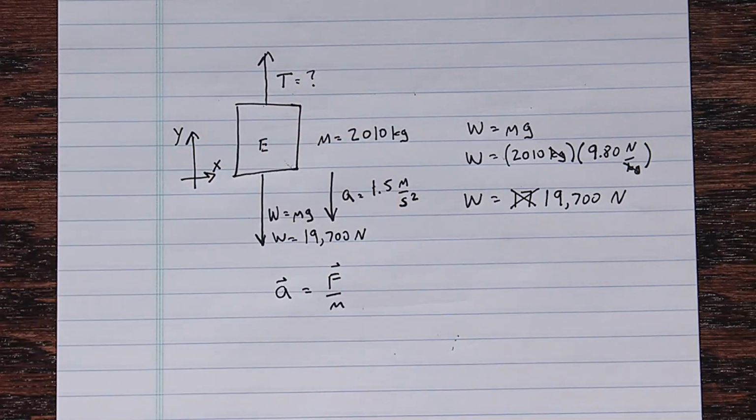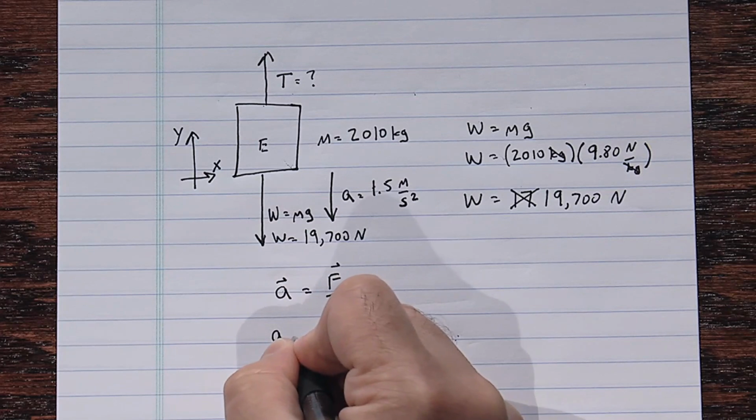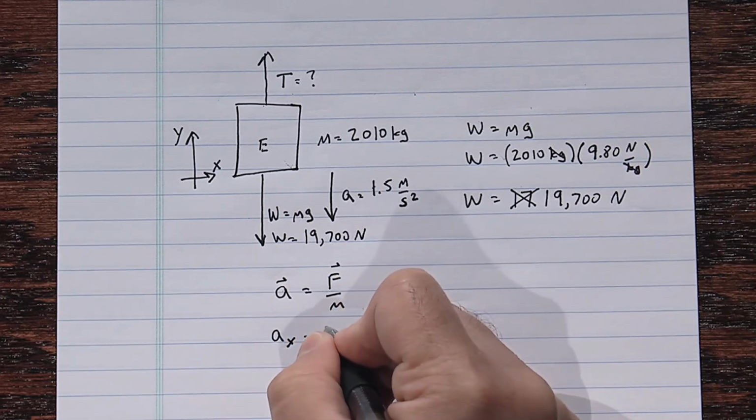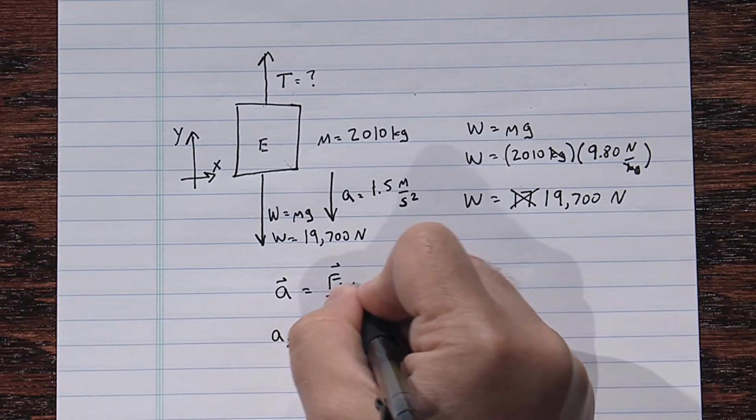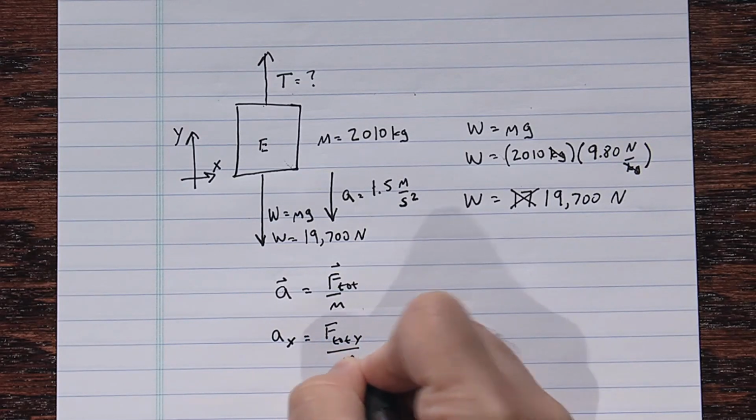And in this case, we're really only interested in the y-axis, since the elevator is accelerating downwards and all of the forces are in the y direction. So this would become acceleration in the y direction is equal to force total in the y direction divided by mass.